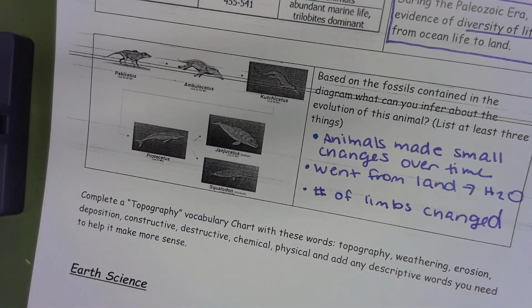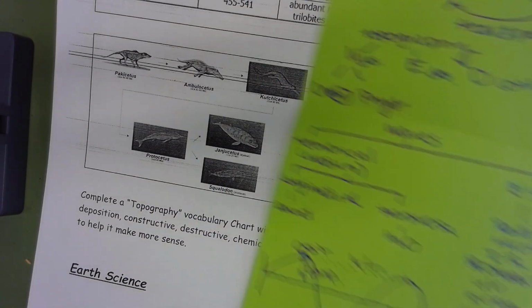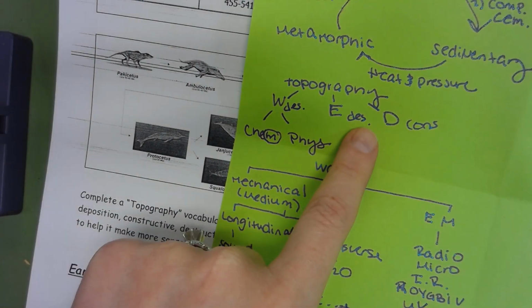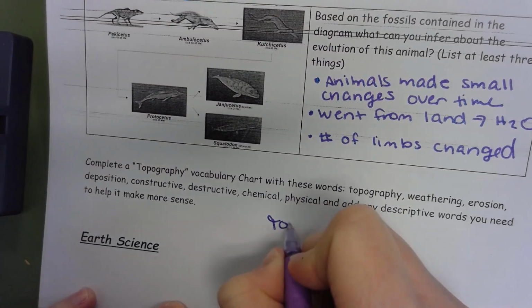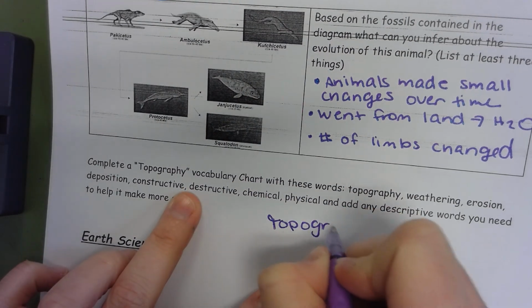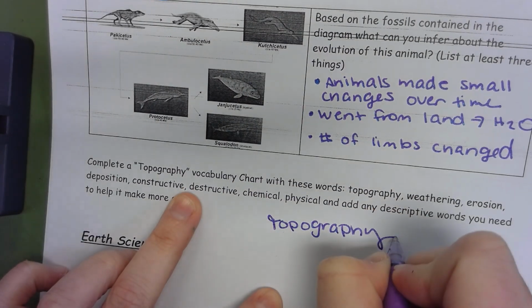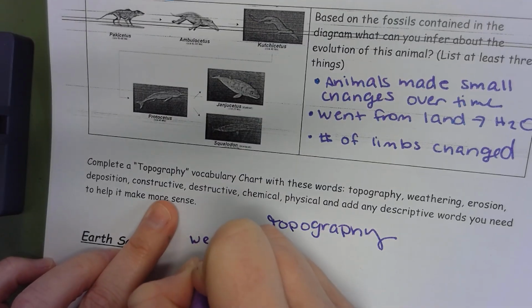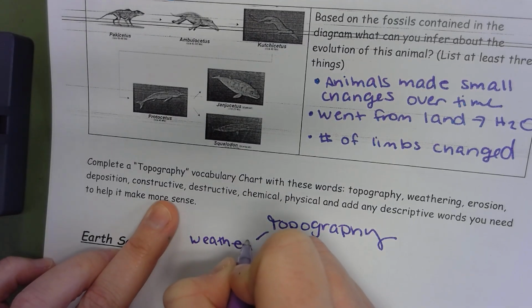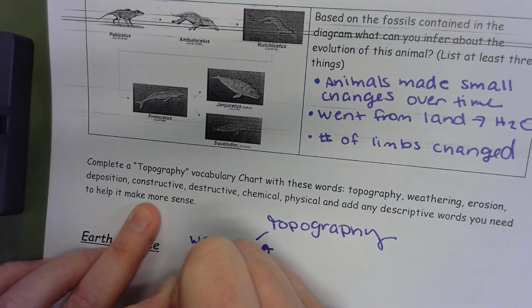All right, complete a topography vocabulary chart. Oh my gosh, look at that. Showed up right there. Let's do it again. Topography. We have weathering, which is destructive.